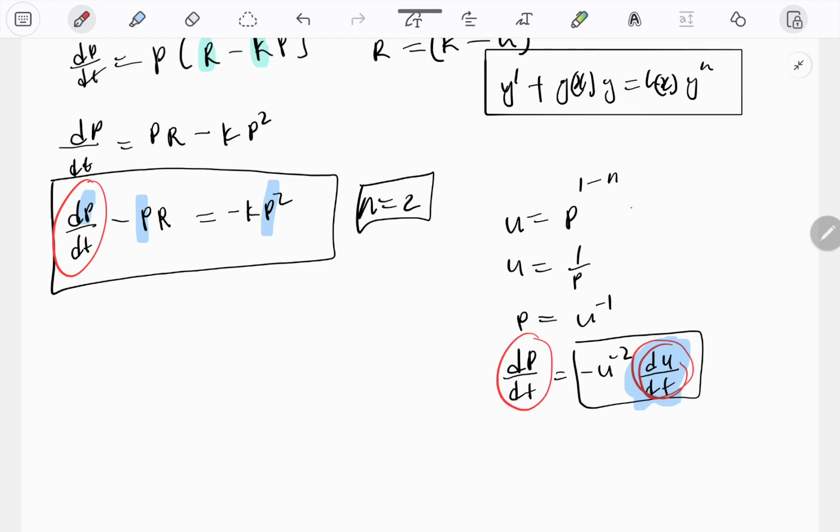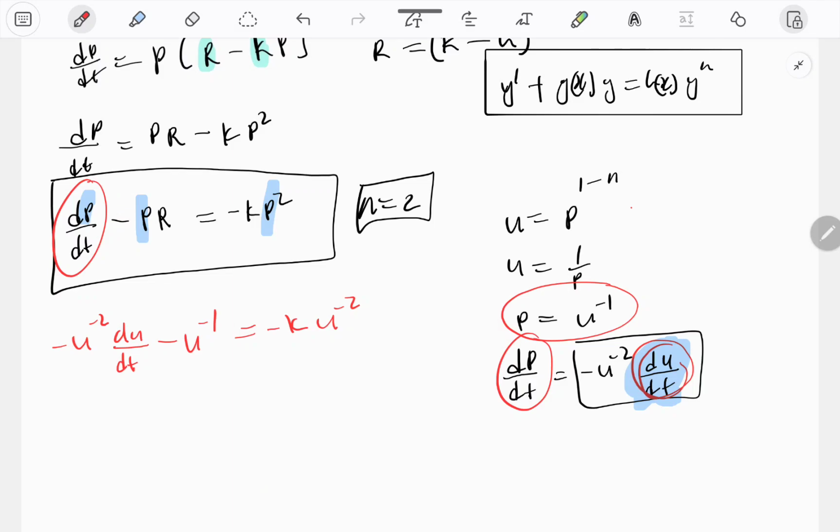So cool. So we know now what this is. We already said what it is, so we can just plug it in. Negative u to the negative 2, du dt, minus, we already defined p, this is p, minus u is equal to minus k. We already defined p as u to the negative 2.